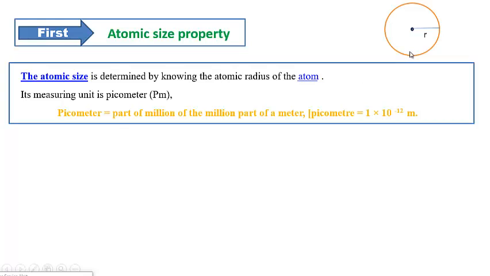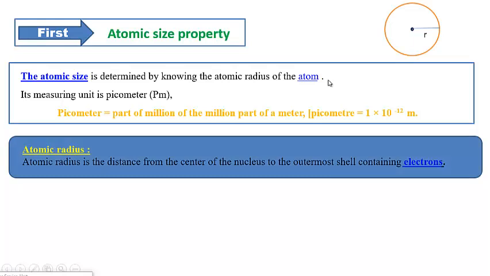In math, if we draw a circle, and this is the center of the circle, what is the meaning of radius? Yes, bravo. The radius is the distance between the center of the circle and the circumference of the circle. This distance is called radius.